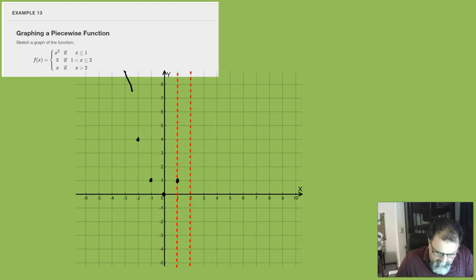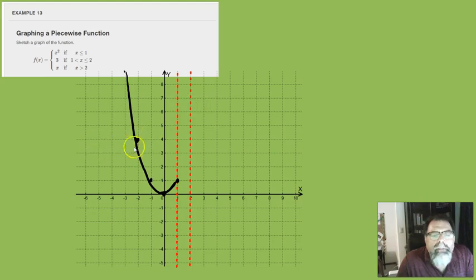Let's see if I can do this. Oops, I missed it. Okay, pretend I hit it close enough. Okay, so that's the top portion. Now y is equal to 3.